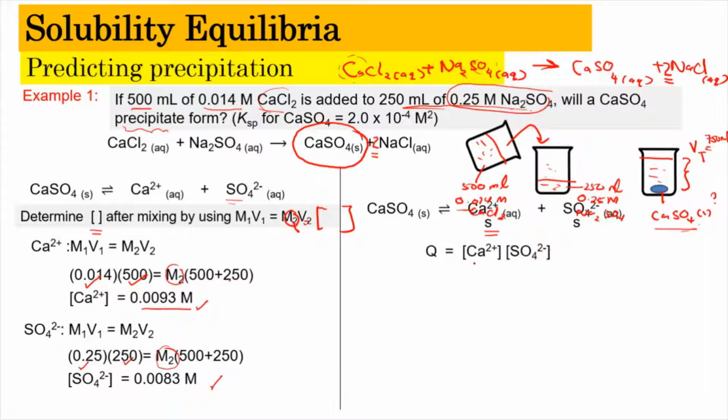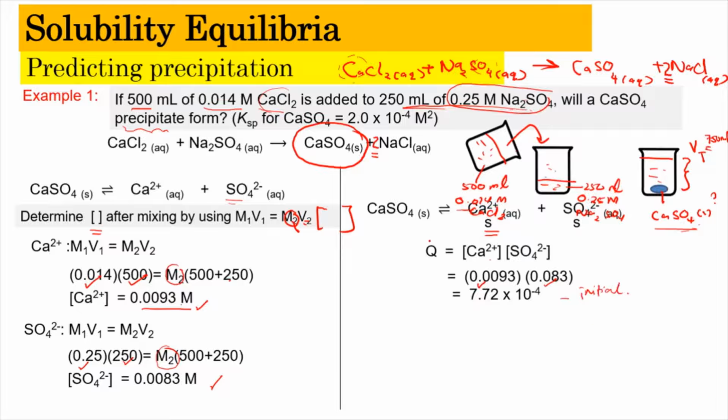The concentration of the Ca2+ is 0.093. Meanwhile, the concentration of SO4 2- is 0.083. Once we do the multiplication, we're going to get our ionic Q to be 7.72 times 10 to the power of negative 4. So this happens at the initial stage.